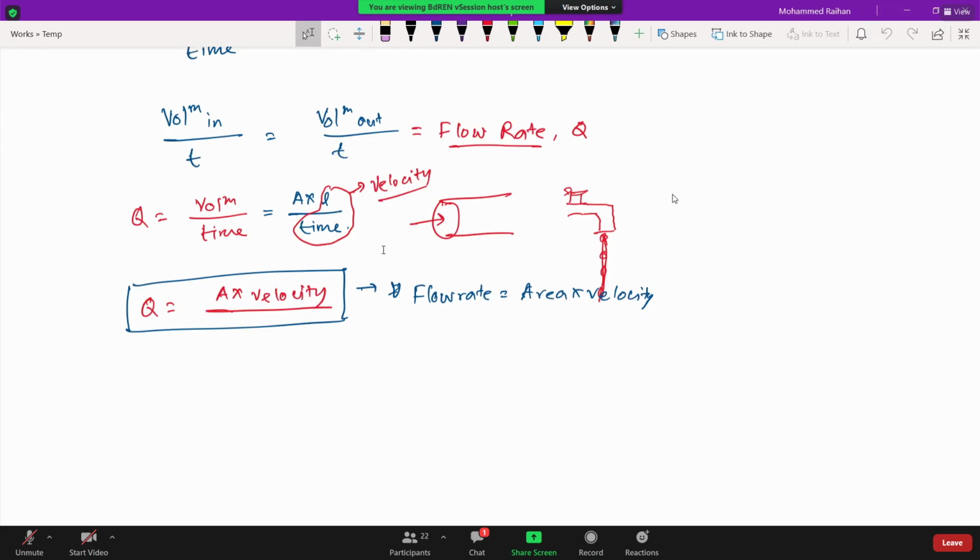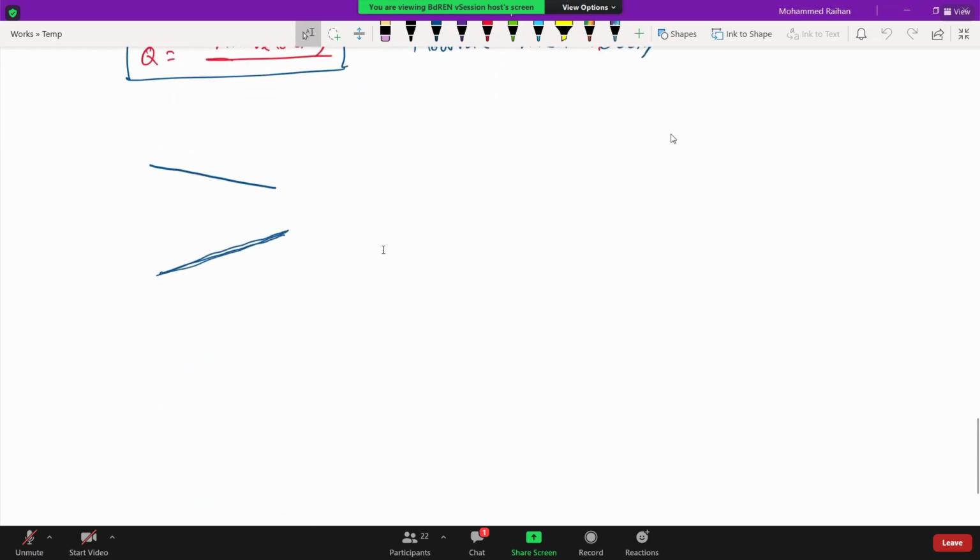Let me give you some examples. If you have this nozzle, let's say this one is 0.1, this one is 0.2.